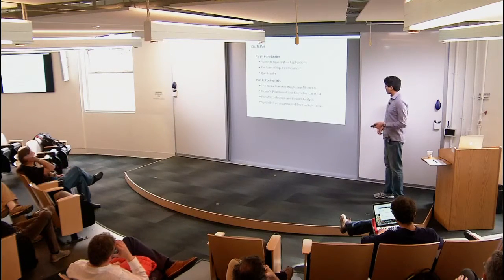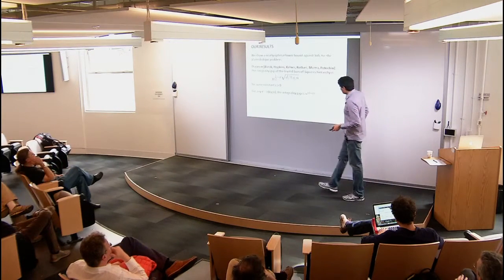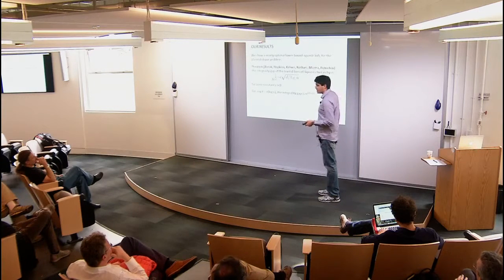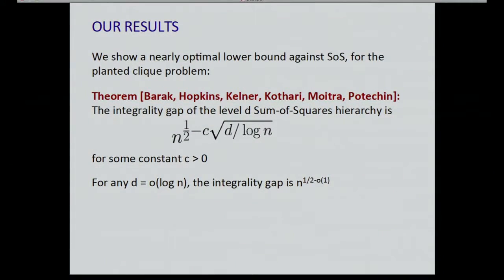All right, so let me tell you our results. We show a nearly optimal lower bound against SOS. What's cool about this is it comes from taking a computational Bayesian perspective, whatever that means. I'll digest that for you later. What we show is that the integrality gap of the level d sum of squares hierarchy is at least n to the half minus root d over log n.